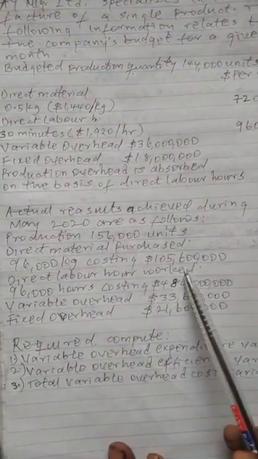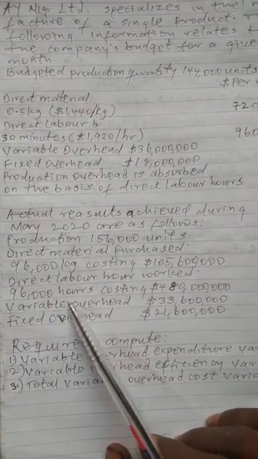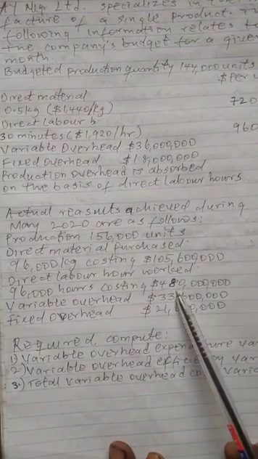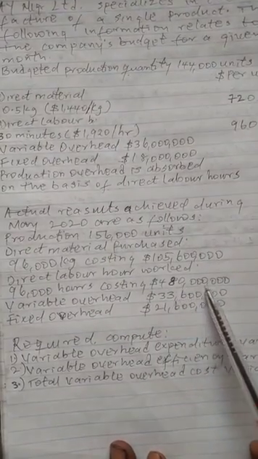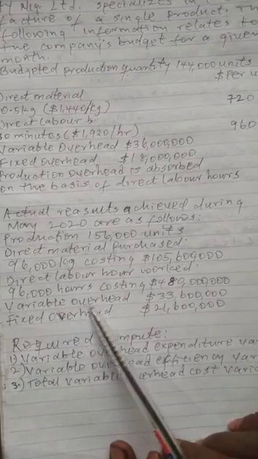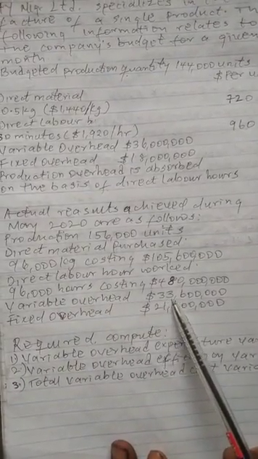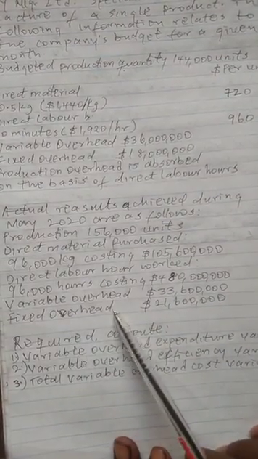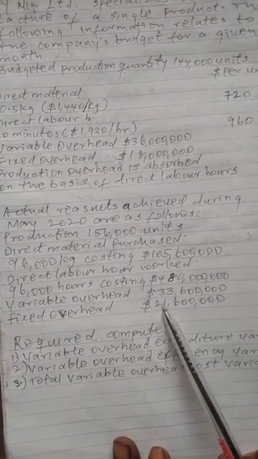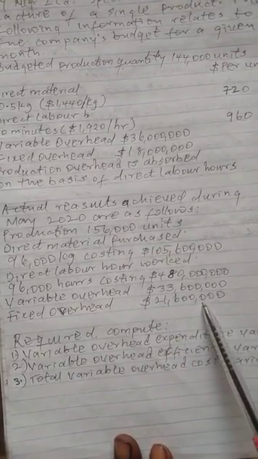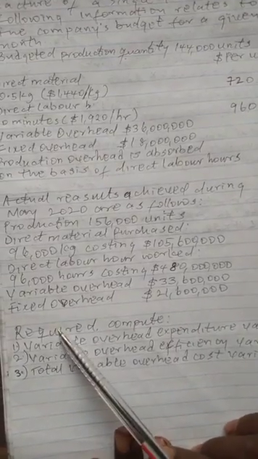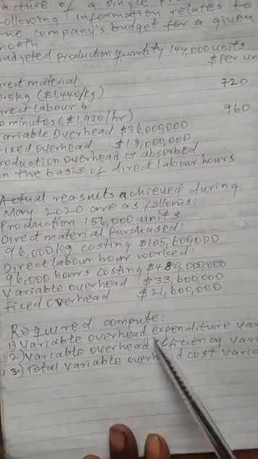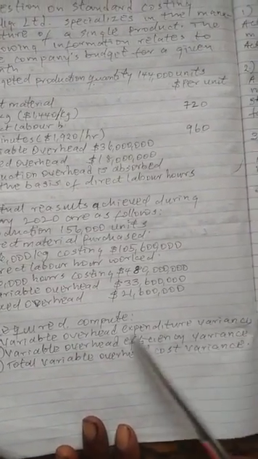Direct labor hour worked: 96,000 hours, costing $480 million. Variable overhead: $33,600,000. Fixed overhead: $21,600,000.